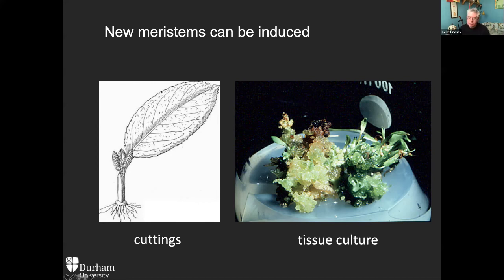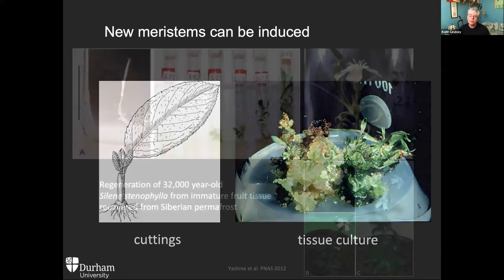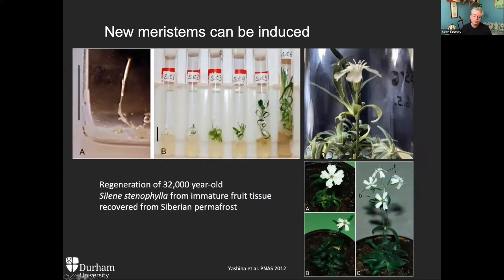But one example of how it's been useful is in this bit of work that was published a few years ago now, where some archaeologists were digging through the permafrost in Siberia, and they found some frozen fruit that turns out to be 30,000 years old from this species Silene stenophylla.